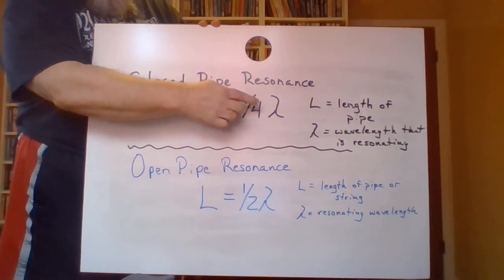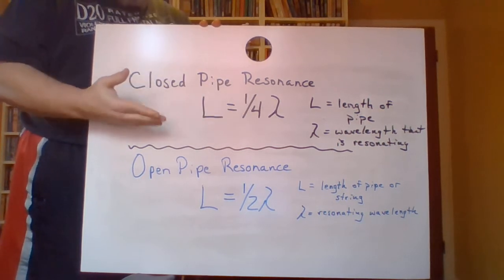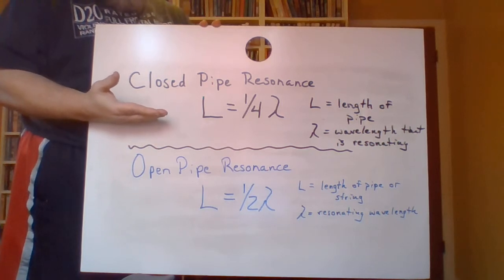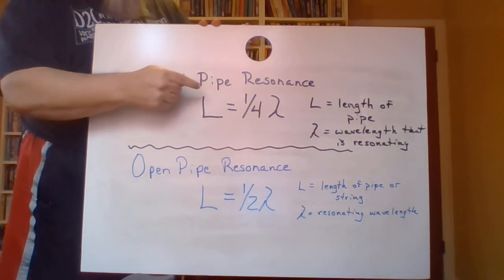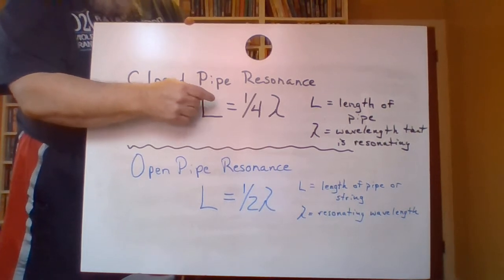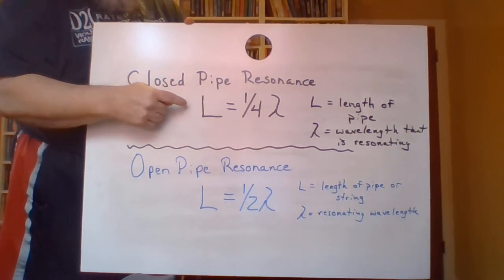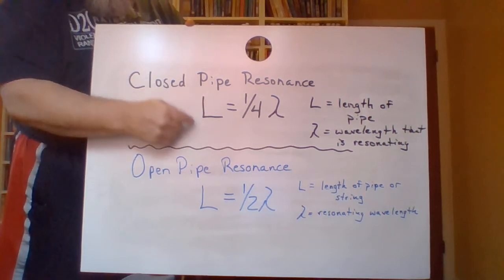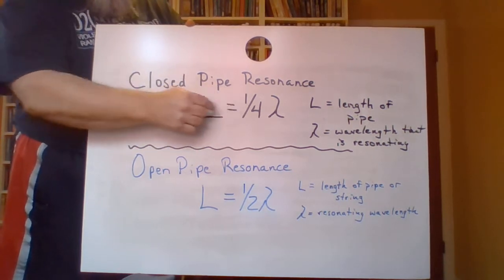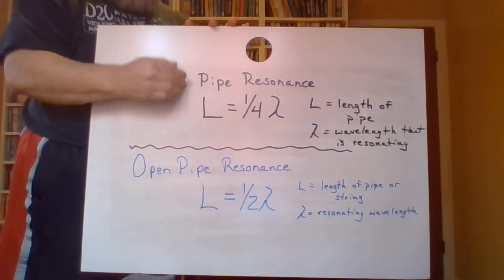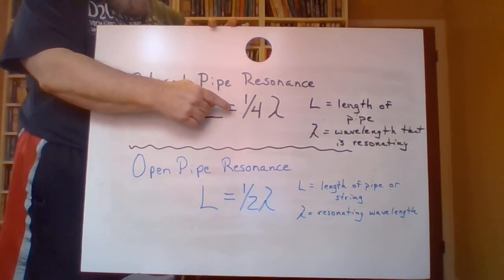Now remember, that wavelength corresponds to a particular frequency for the speed of sound at that temperature. So you only get one fundamental wave resonating at a particular length if it's just 1/4 of it. Now remember, it has to be a closed pipe for it to be 1/4.